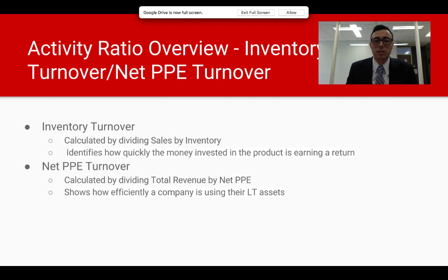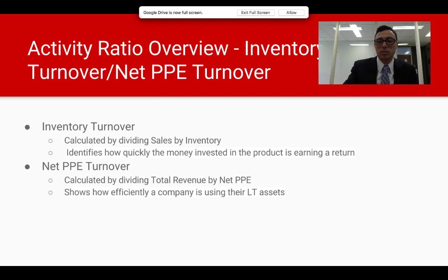Net PP&E turnover shows how efficiently a company is using their long-term assets. And this ratio is of lesser importance because when finding net PP&E, it can be inconsistent across the board, since leasing of property, plant, and equipment can lead to accounting of different long-term assets, which could throw the ratio off.